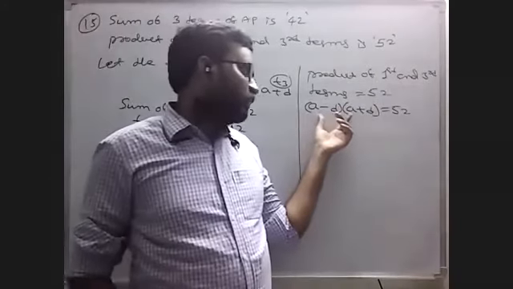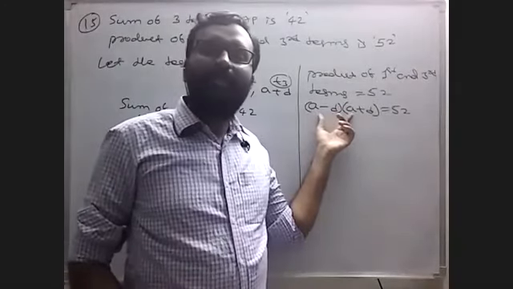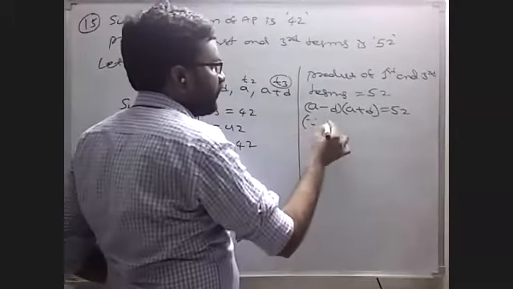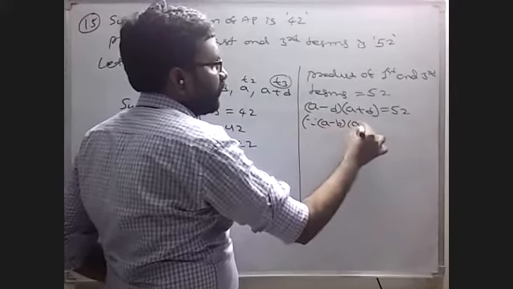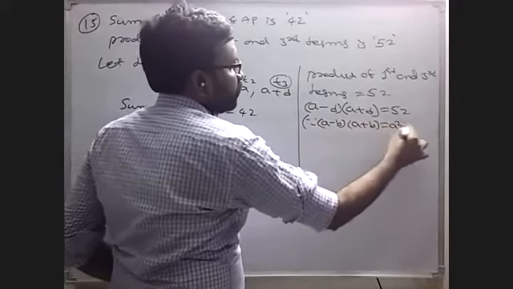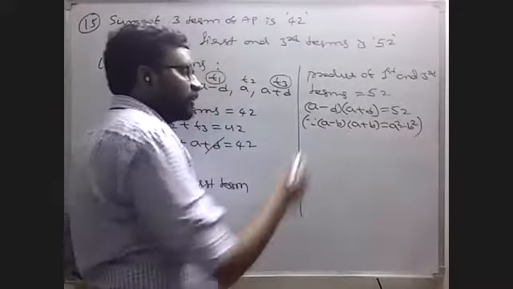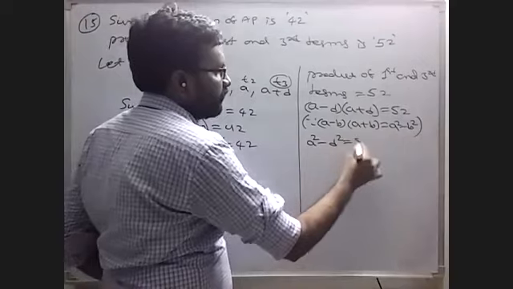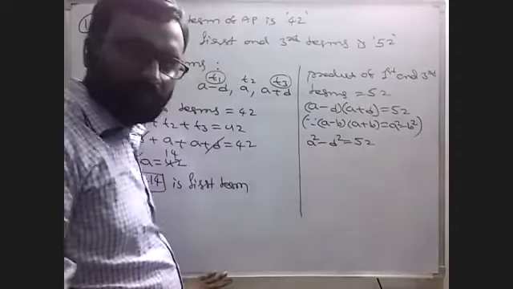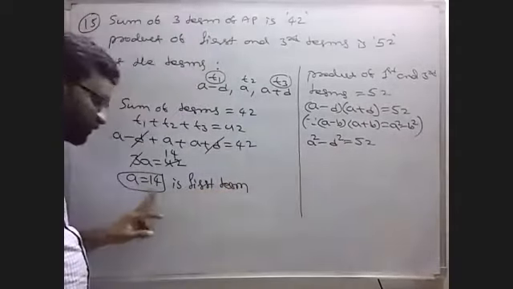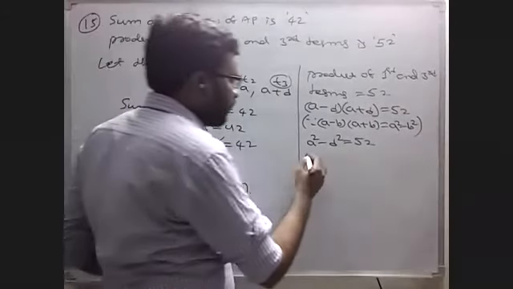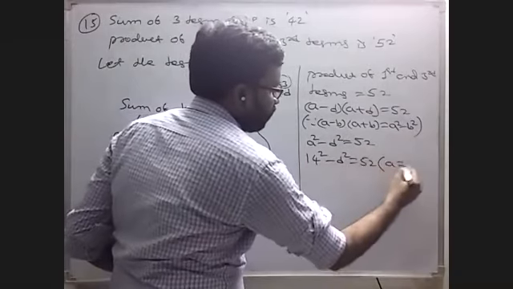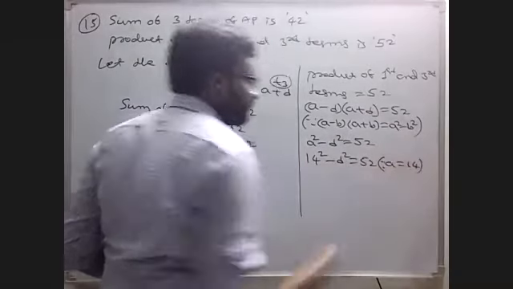This is in the form of A minus B into A plus B, and the formula is A squared minus B squared. So A minus D into A plus D is A squared minus D squared, equal to 52. But we already have the A value, 14. So 14 squared minus D squared is equal to 52.